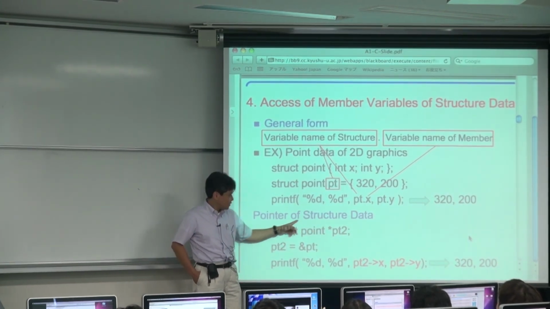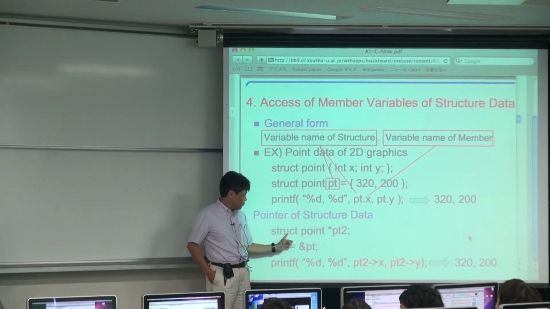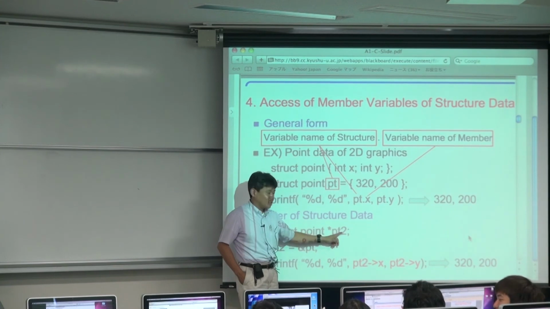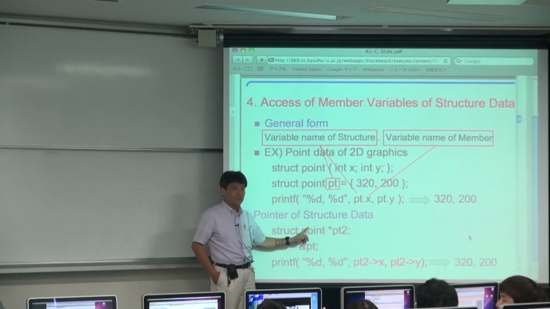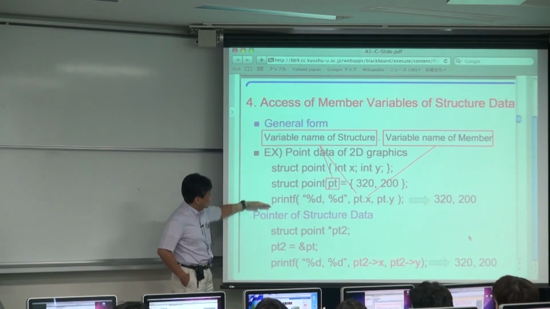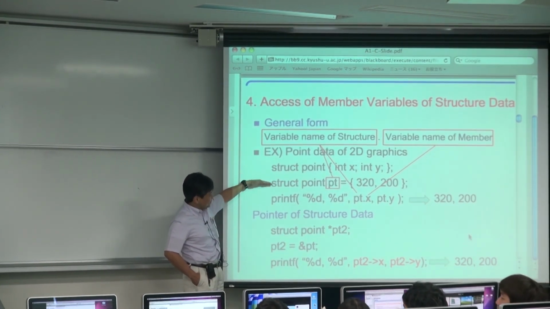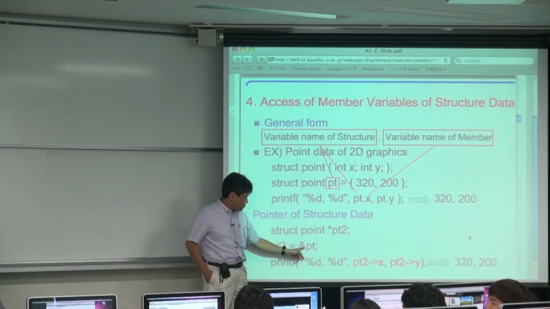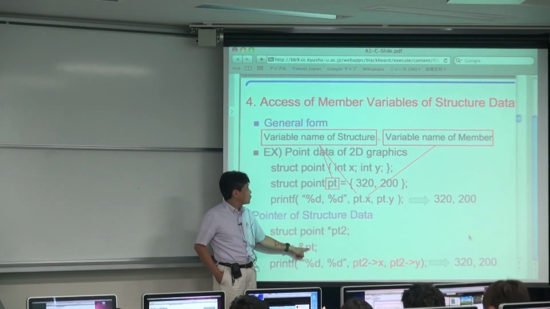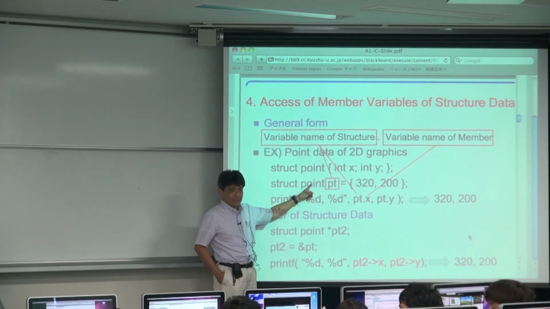Okay? In these cases, you have to specify struct point. So this pointer is treated especially for the point data type. Okay? So after definition of these sentences, point is a structure data type, especially for the point structure.